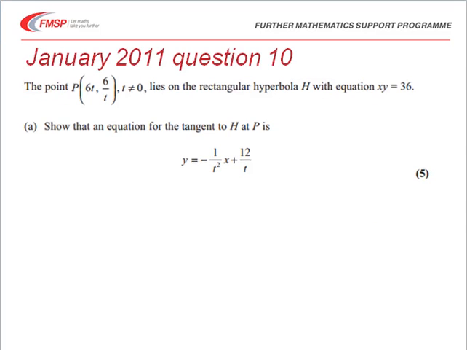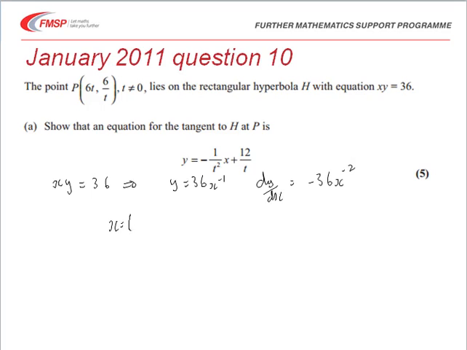So looking at the first part to start off with, the standard method to find a tangent is first of all we must find the derivative. So if xy is equal to 36, then y is equal to 36x to the -1, and therefore the derivative dy by dx is equal to -36 x to the power -2.